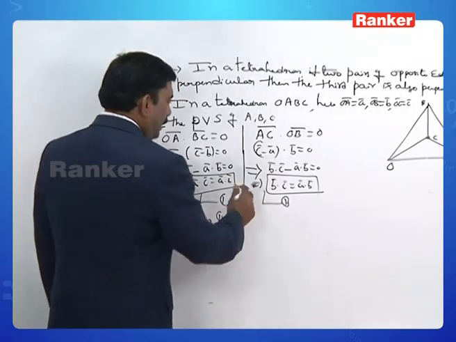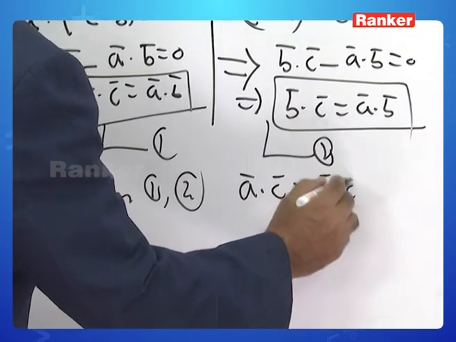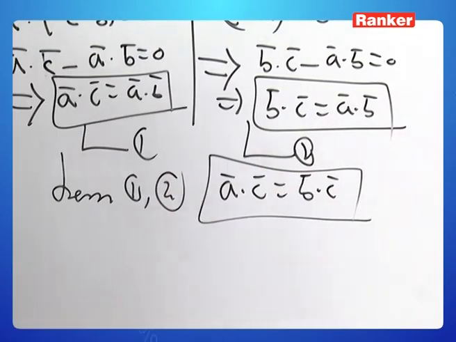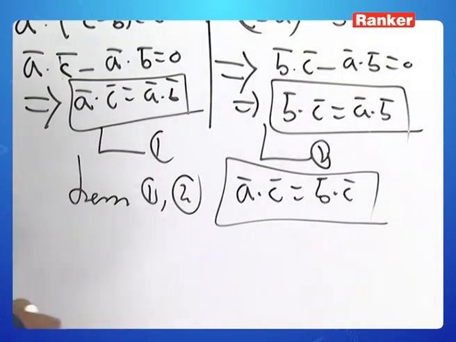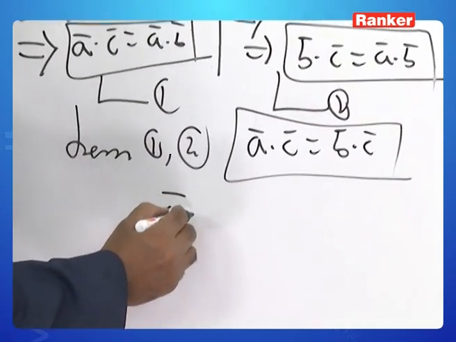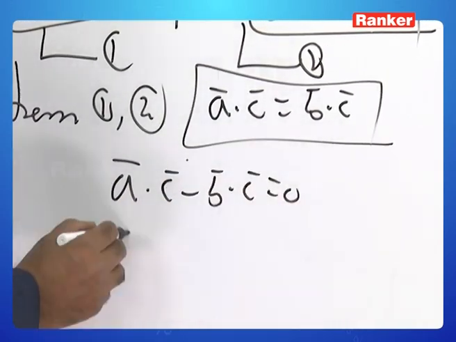From 1 and 2, a dot b is equal to a dot c is equal to b dot c, right? Don't cancel. Therefore, it becomes a dot c minus b dot c is equal to 0.